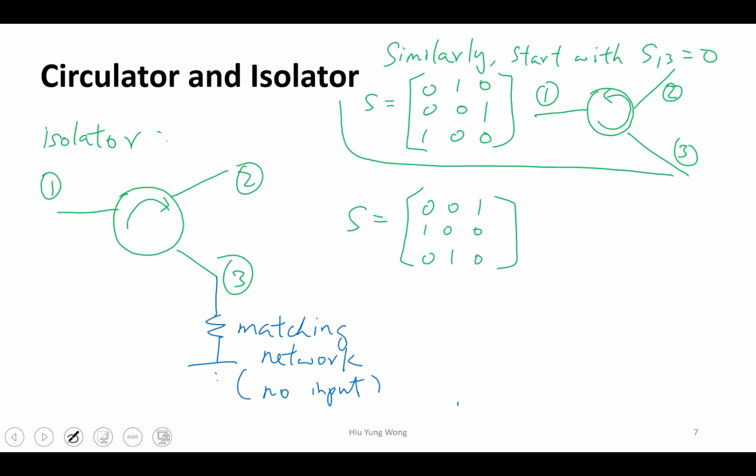Okay, so all your input is just like this. This is still the scattering matrix, but your input is only A1, A2, and 0.